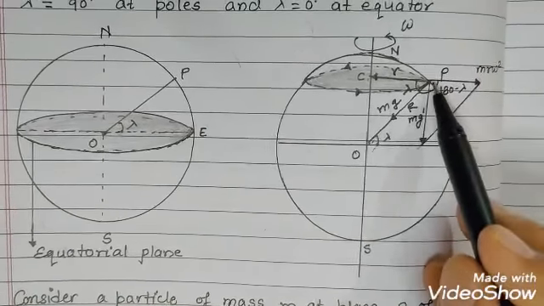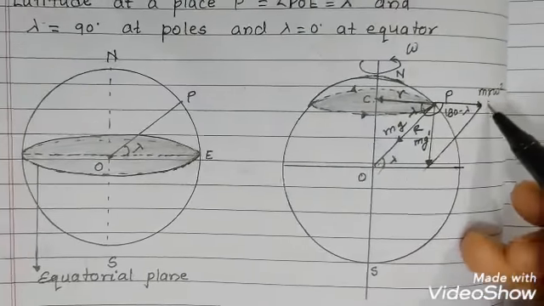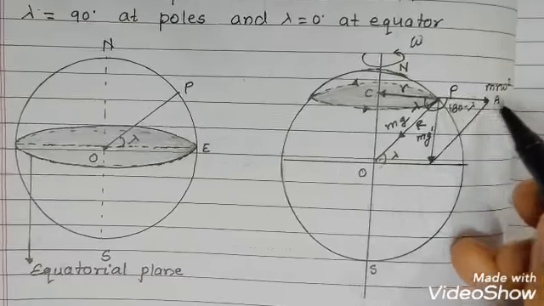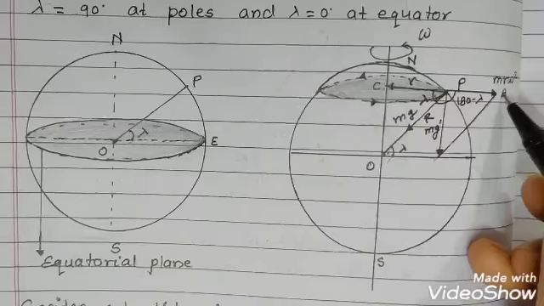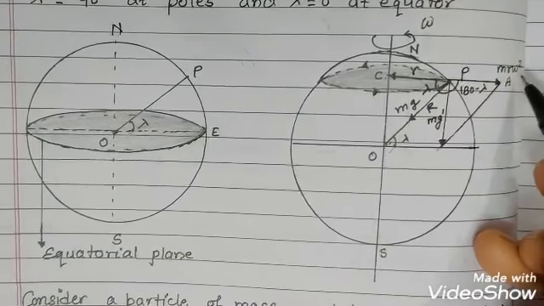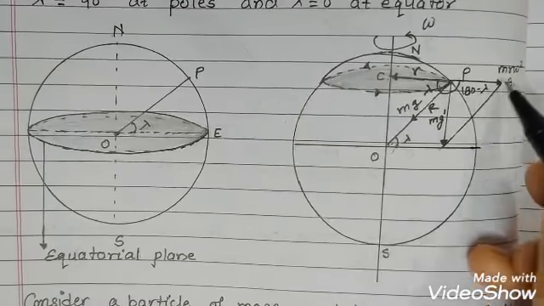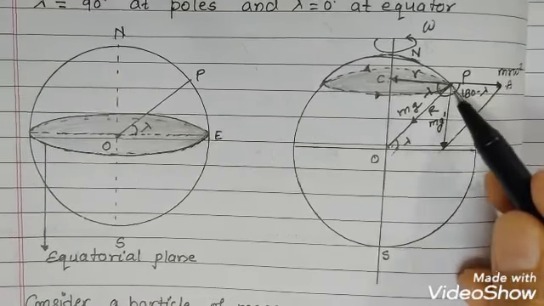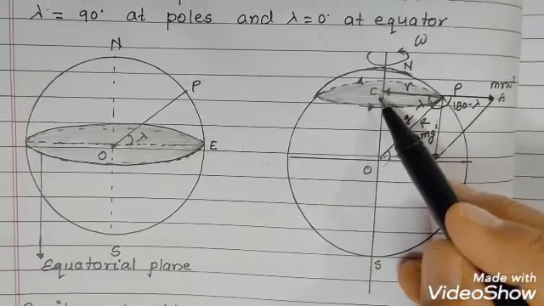So a centrifugal force also works at point P, in the direction PA. The magnitude of this force will be m r omega square. It acts along PA, directed away from the center C of the circle of rotation.